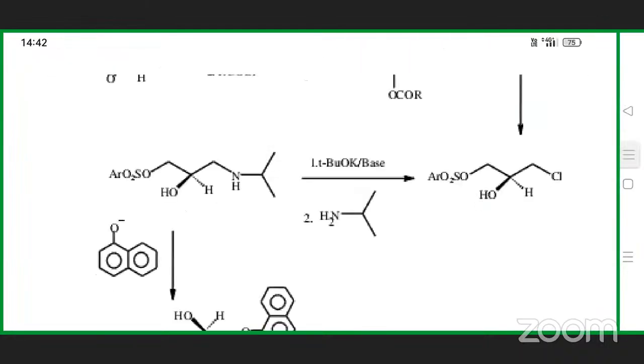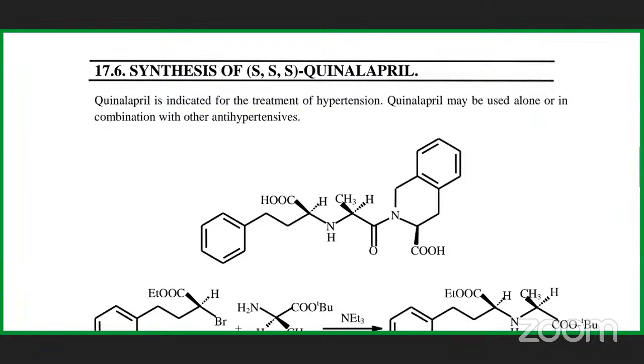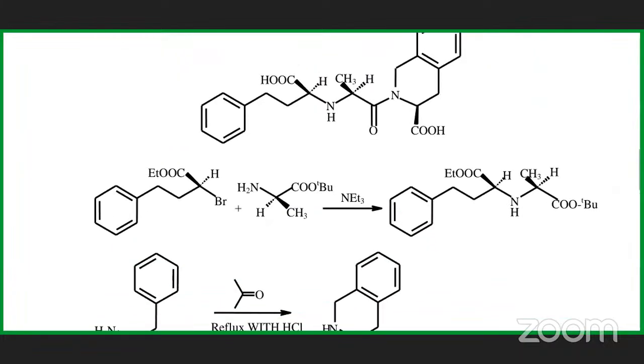These three things, and one more synthesis we'll see. Phenylalanine is difficult, I think, because it is a large and complex structure. So you can skip this synthesis.